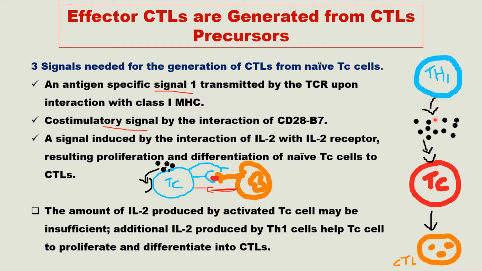That means it acts on the neighboring cell. That's why it is called a paracrine signal. Additional interleukin 2 produced by Th1 cells helps the TC cell to proliferate and differentiate into cytotoxic T lymphocytes.